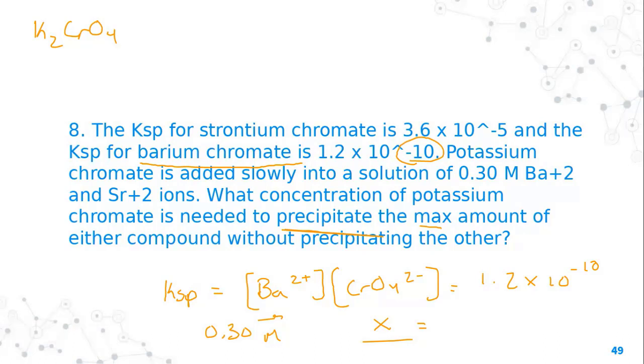Okay, so it's going to be 4 times 10 to the negative 10. So that's the minimum amount that we need to start precipitating barium chromate.